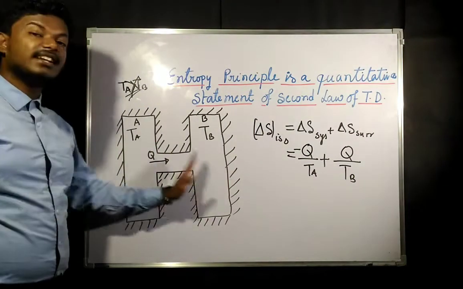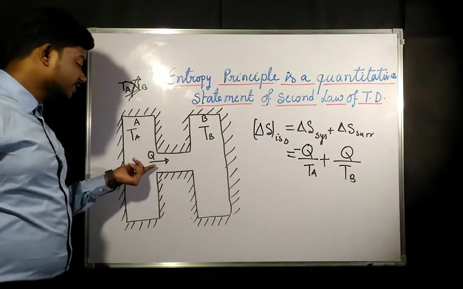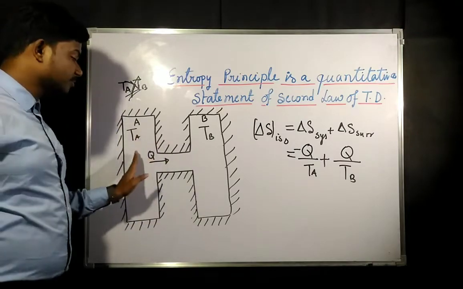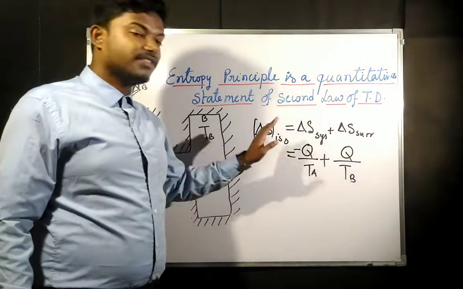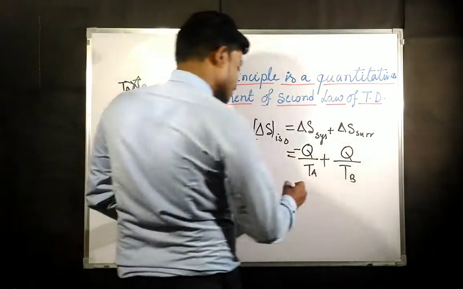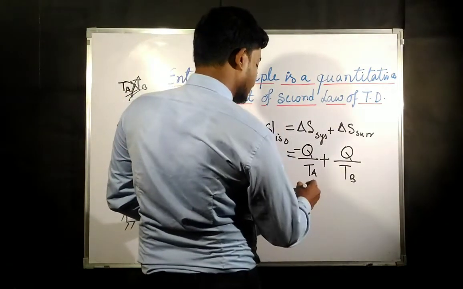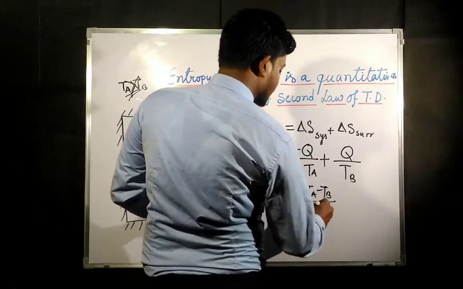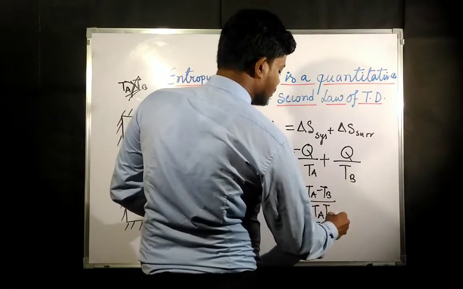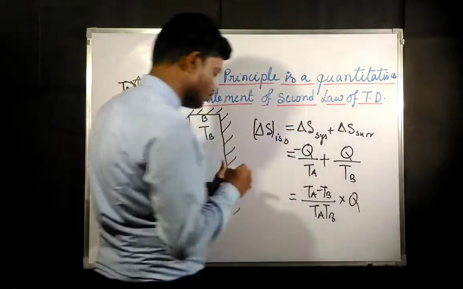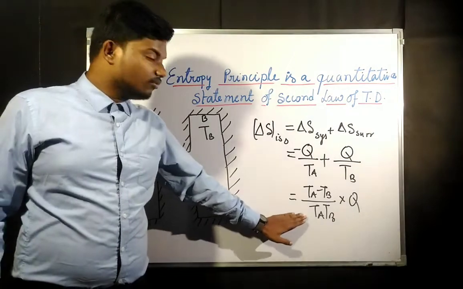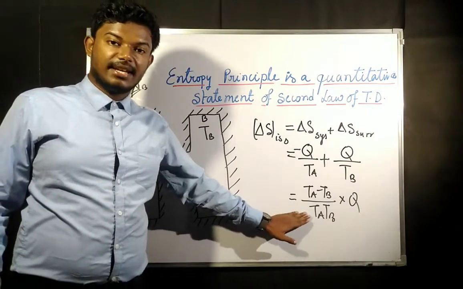Because this one is releasing the heat, or heat is going out of the body, so according to our sign convention it will be negative. So we can find that (TA minus TB) by (TA times TB), into Q, is going to be the entropy change here.